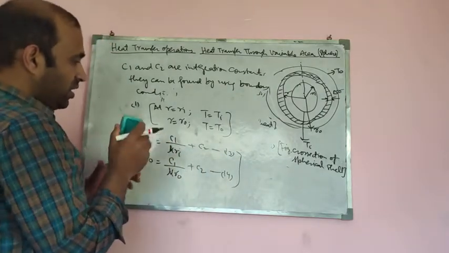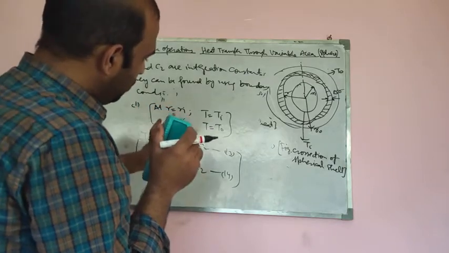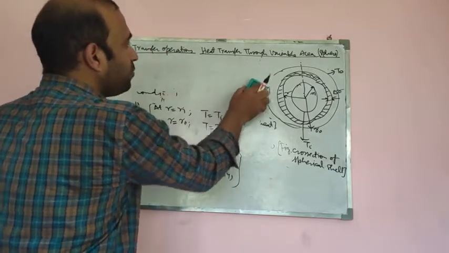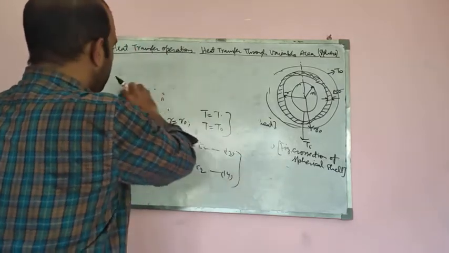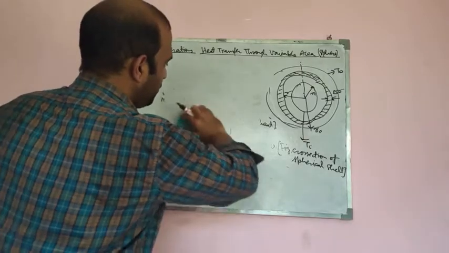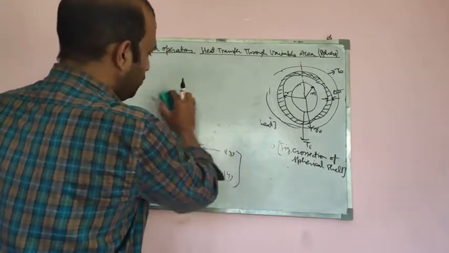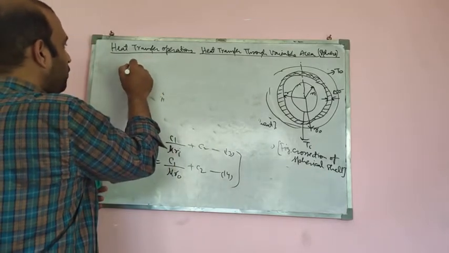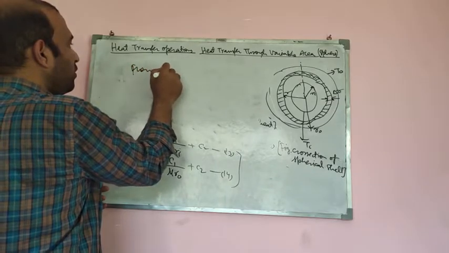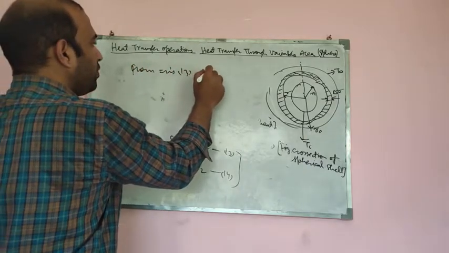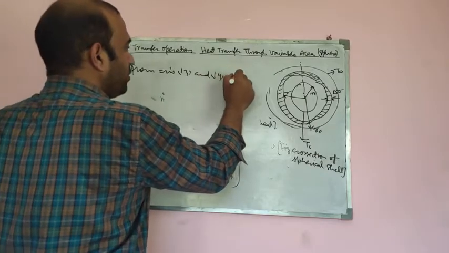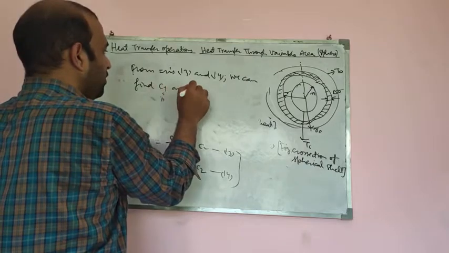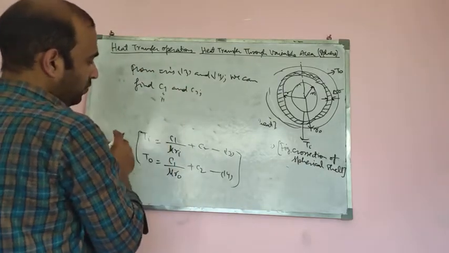They are two equations in two variables, so here I can easily find C1 and C2 using equations 13 and 14.